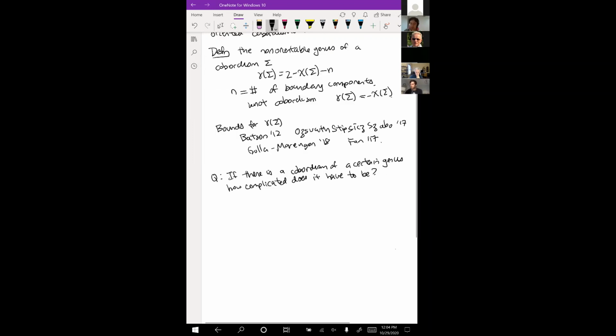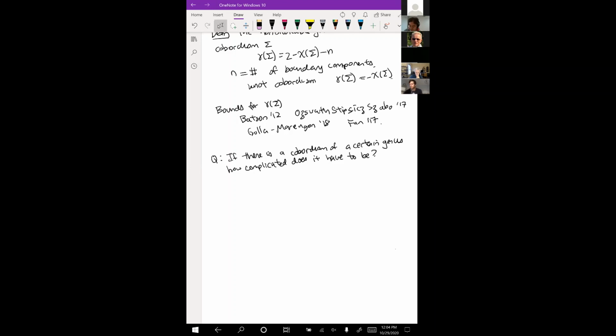So in particular, if you write this cobordism from K1 to K2, you might consider the number of minima, the number of maxima, and then maybe some saddles. So how complicated in terms of local minima, maxima, and saddles.